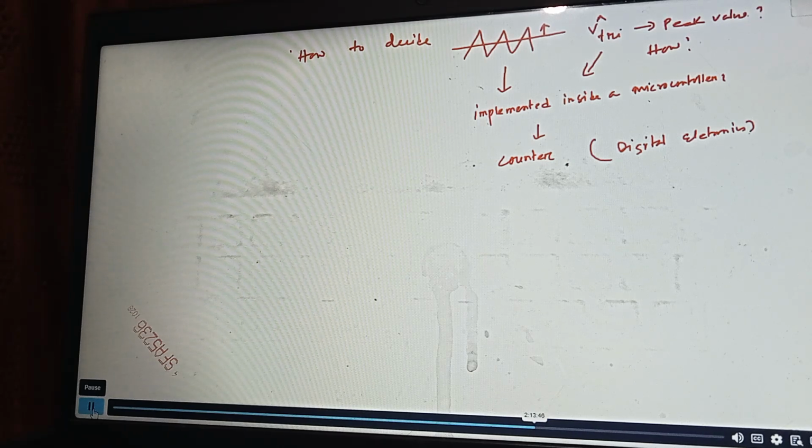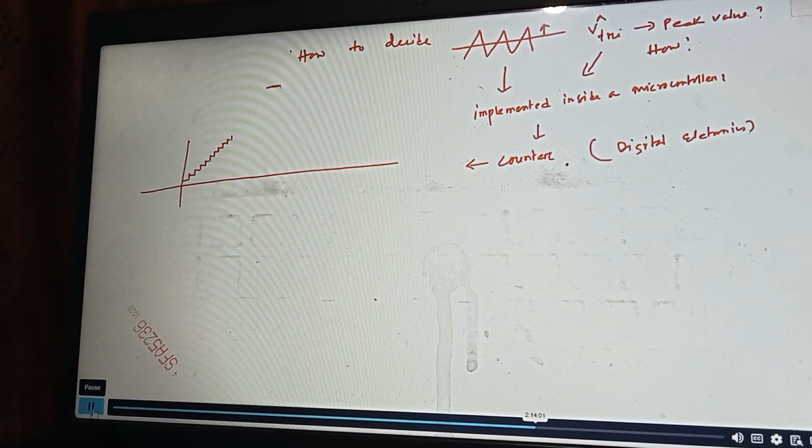So what does a counter do? A counter is basically a digital device. It keeps on counting the numbers, as the name suggests. When your counting is over, it just resets, and then again it starts counting. So this is how a counter works.